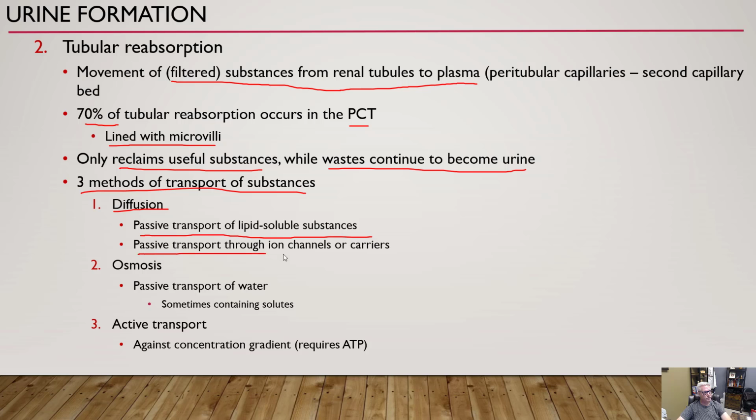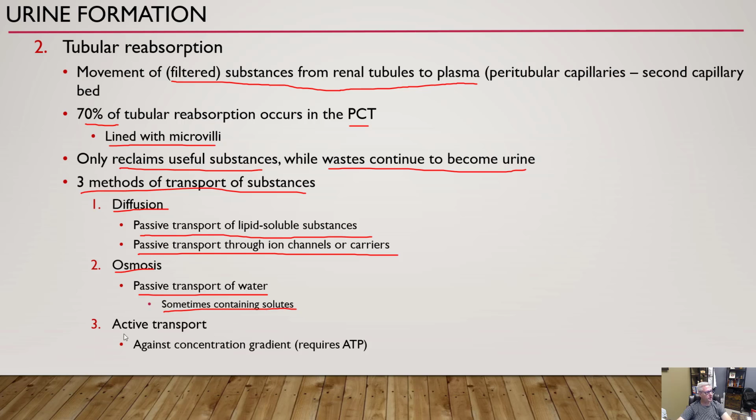We can have passive transport of ion channels or carriers. For osmosis, it's a passive transport of water. Sometimes it has some solutes in there. Remember the interdependence, that some ions are dissolved in water.